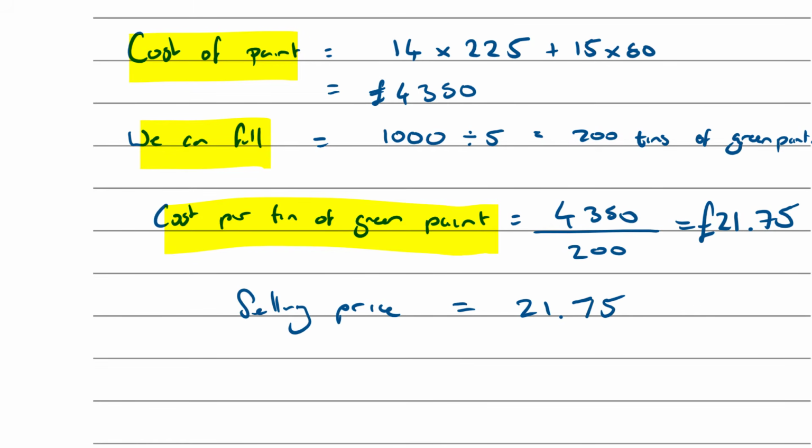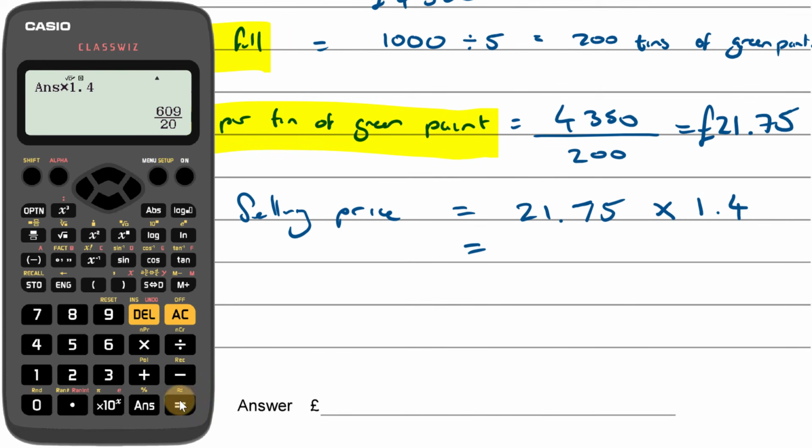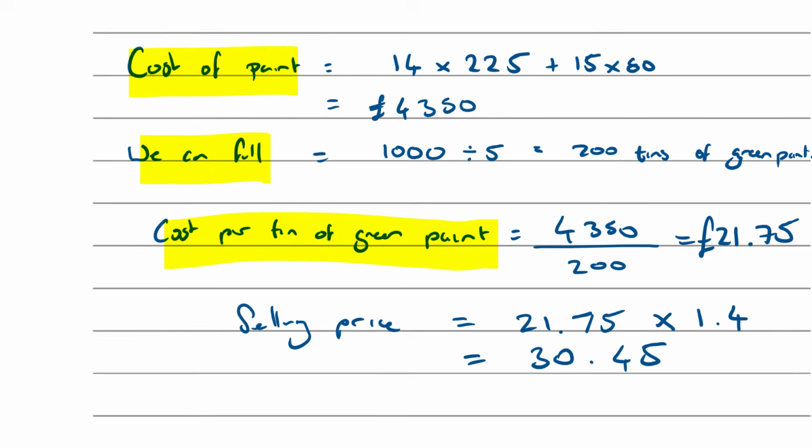I want to do a percentage increase, don't I? I want to increase it by 40%. So 100% add 40% is 140%, as a multiplier is 1.4. So I'm going to multiply it by 1.4 to find the sell price then. So £21.75 times 1.4 comes out to be £30.45. Okay, so he needs to sell his paint at £30.45 per tin in order to make that 40% profit.